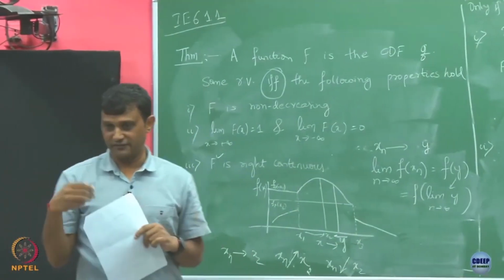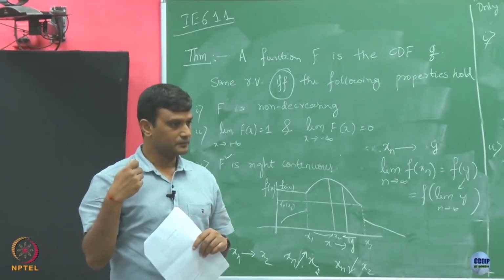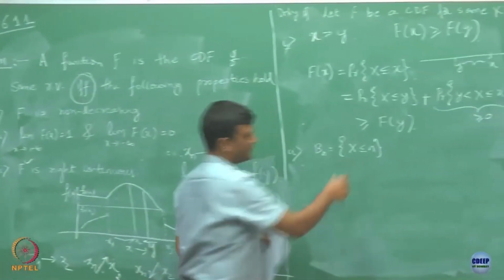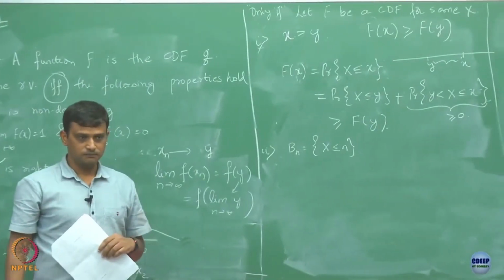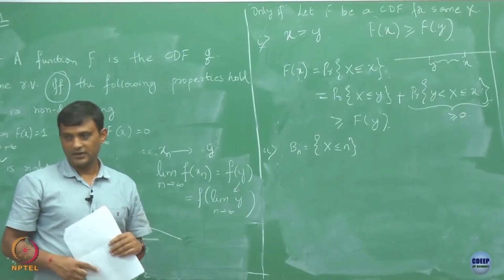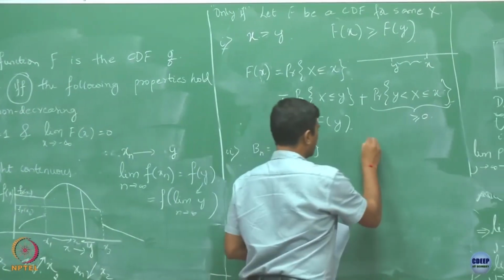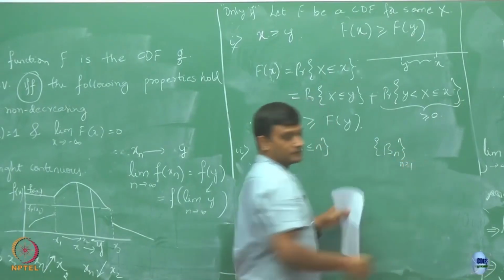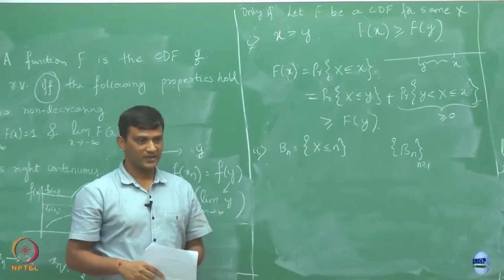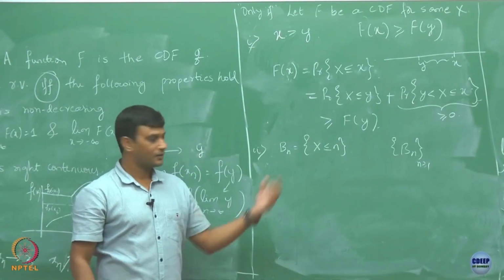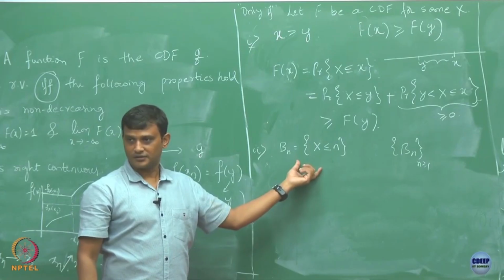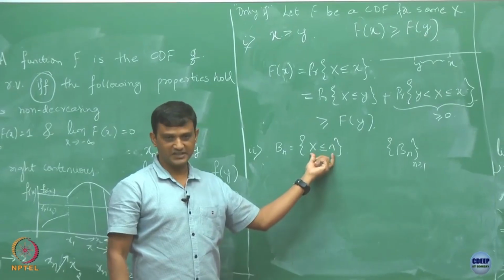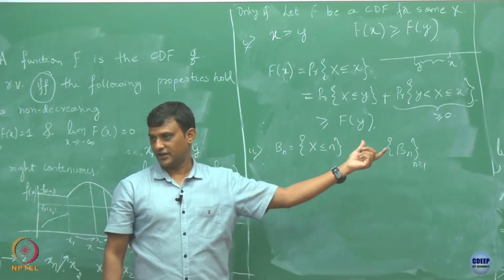I am already assuming that f is the CDF of some random variable. So for that random variable, let's define a sequence like this. Now, is this sequence B_n monotonically increasing? Yes or no? As I increase n, it should include more and more elements from my sample space. That is why this is a monotonically increasing sequence.